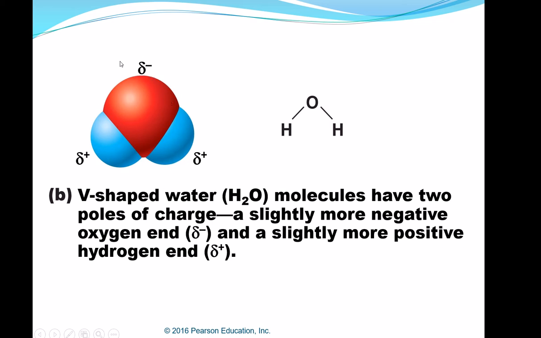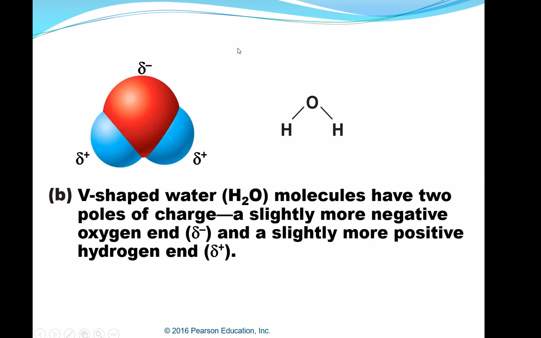And so electrons spend much more of their time around the oxygen atom than they do around the two hydrogen atoms. It's not a full give and take like an ionic bond, but what we end up with is a slightly negative charge on the oxygen and a slightly positive charge on the hydrogen.